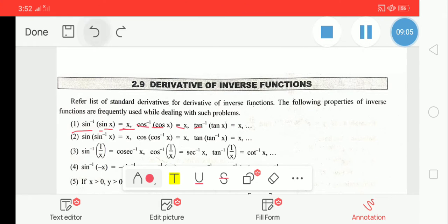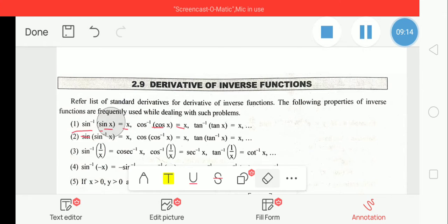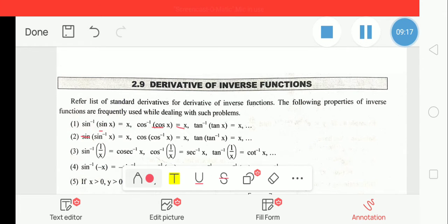Also sine of sine inverse of x gives x. So sine inverse of sine of x and sine of sine inverse of x both give x. Cos inverse of cos of x and cos of cos inverse of x also give x, and tan inverse of tan of x and tan of tan inverse of x also give x.